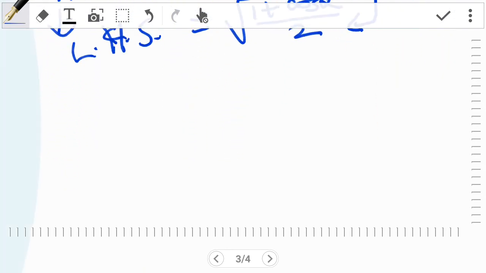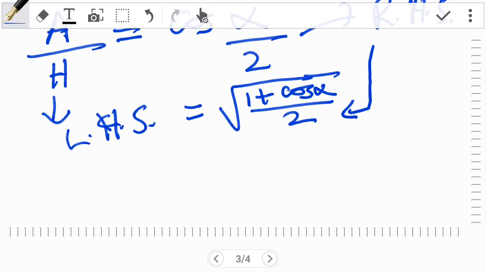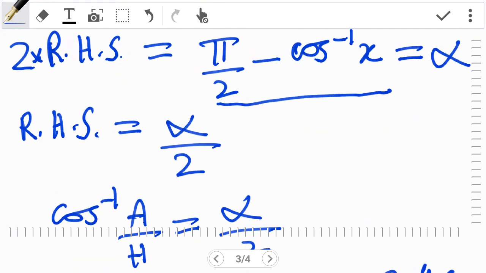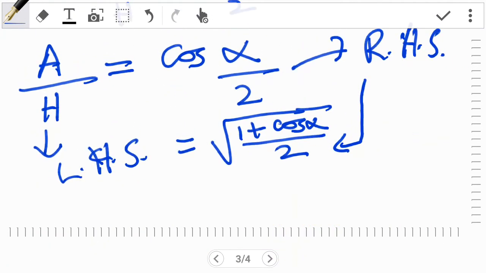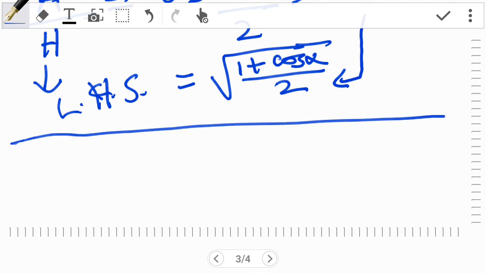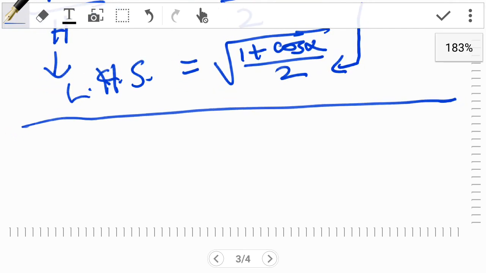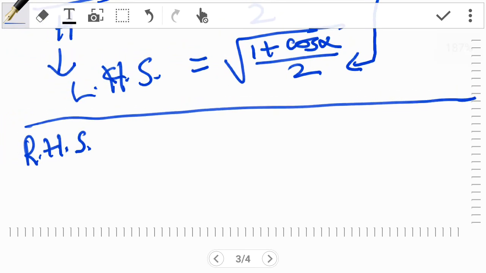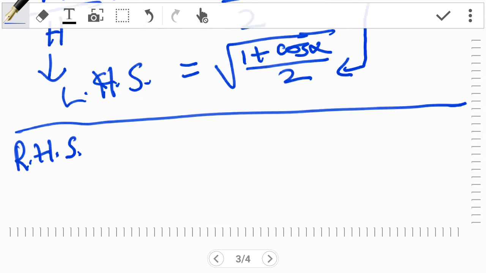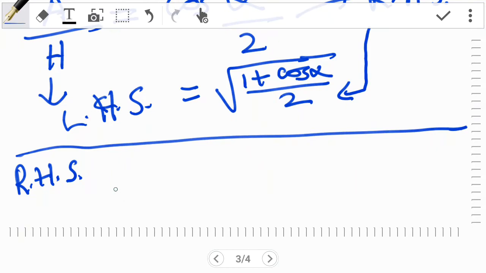Let us now simplify the RHS further by using the value of alpha. So RHS we know is this, root of (1 plus cos alpha) by 2.